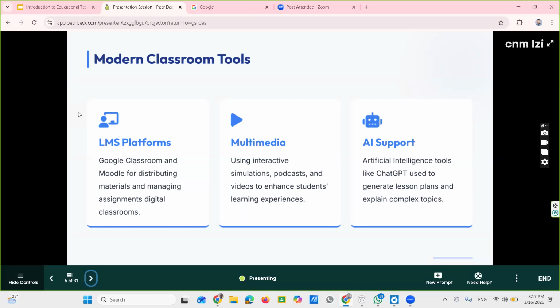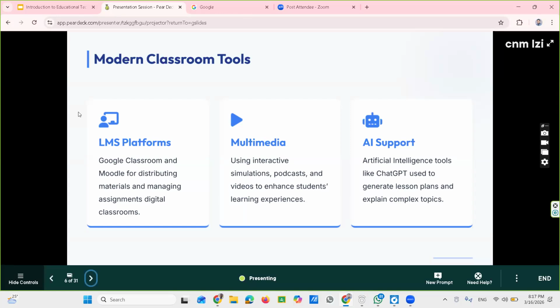The tools are very important for planning and designing, like creating the lesson plan. You normally teach based on the lesson plan. You can create this lesson plan with the support of ChatGPT or Gemini AI tools.